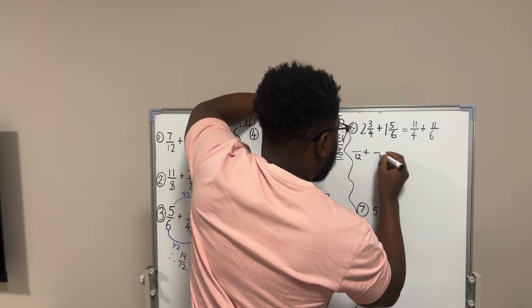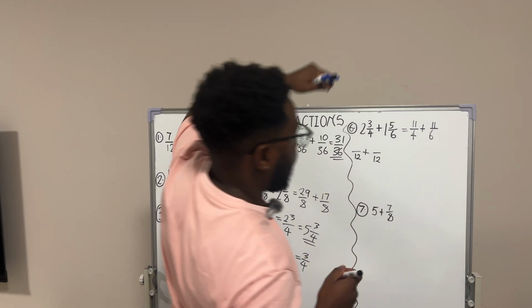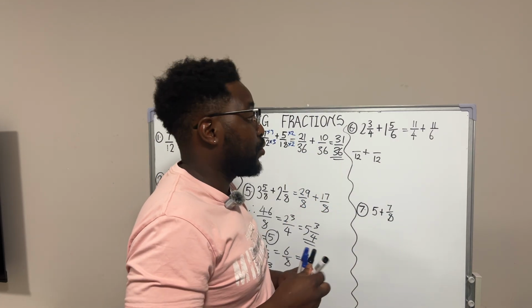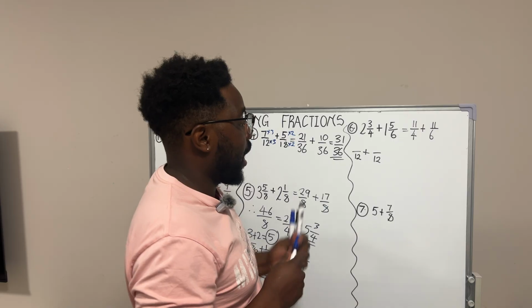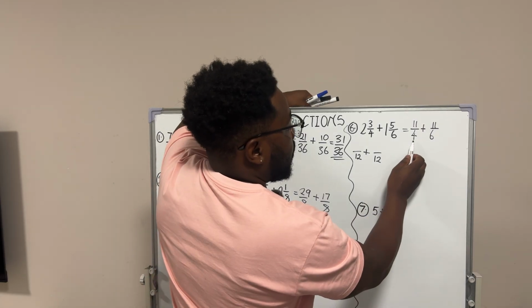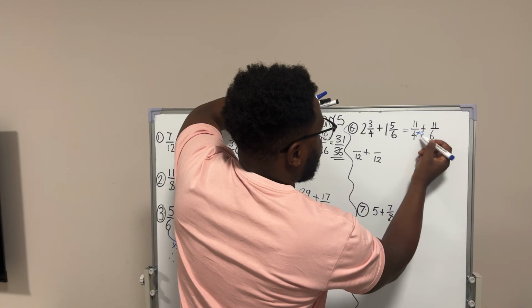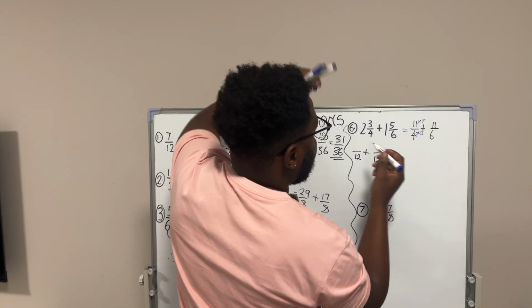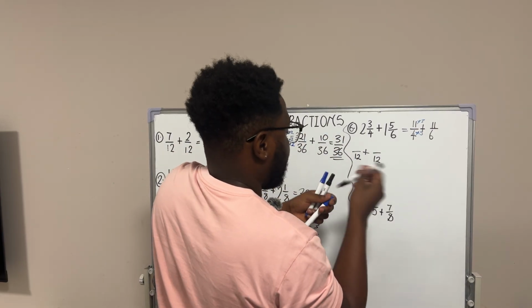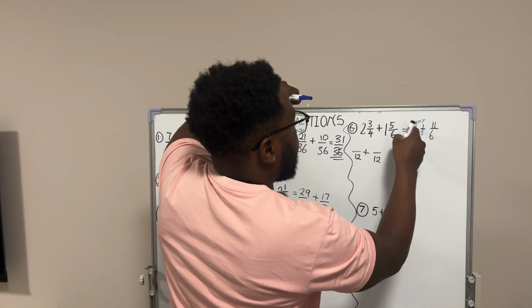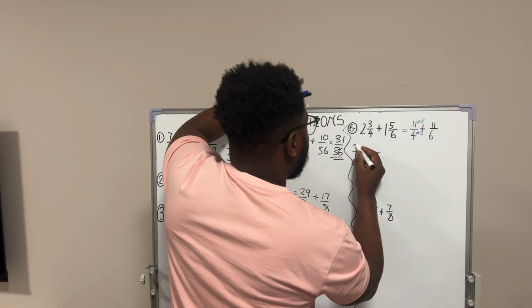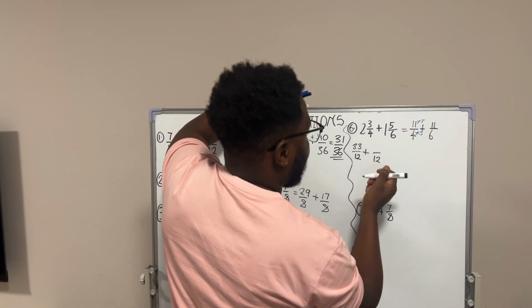12. Okay, so now, how did we get to 12? How did this 4, this denominator over here, get to 12? We multiplied by 3, so we do the same to the numerator as well. 11 by 3 gives us 33.